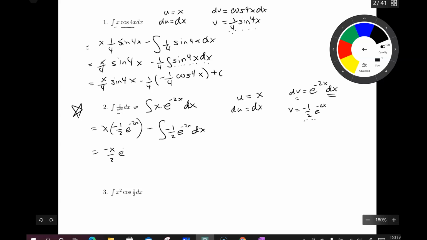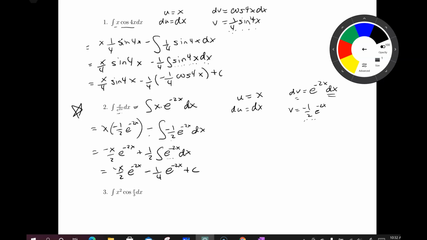Negative x over 2. So these coming outside gives me a positive 1/2. And is this something I know how to take the antiderivative of? It is. So the whole answer would give me a negative 1/4, because I get another negative 1/2 when I take that antiderivative, and then put the plus c at the end.